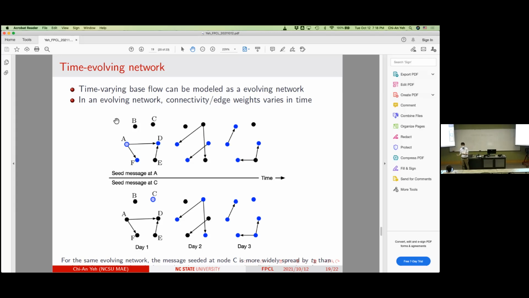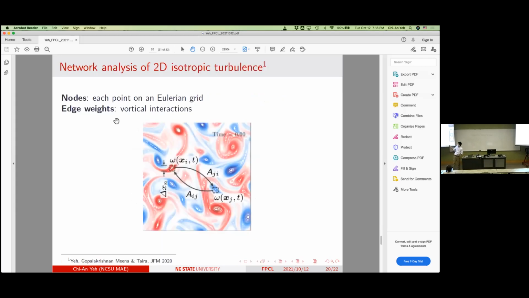Well, there are tools for that, and these tools are extremely useful for the analysis of fluid flows. This is what I do. You have a time-evolving two-dimensional turbulence. I can pull out vortex element xi and vortex element xj, and put some interaction between the two elements. While the flow is evolving in time, these interactions Aij may change from time to time.